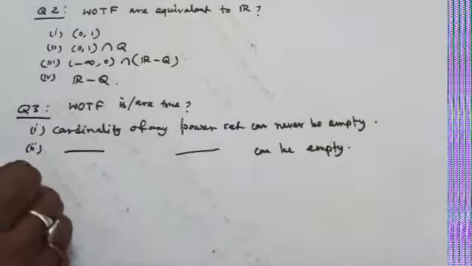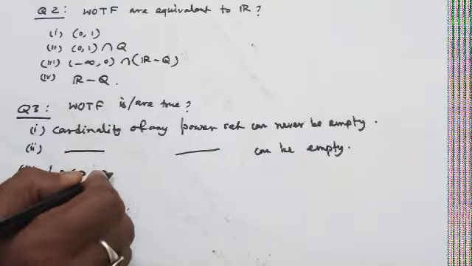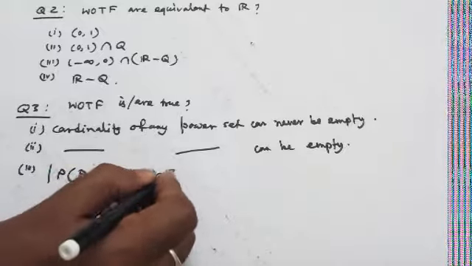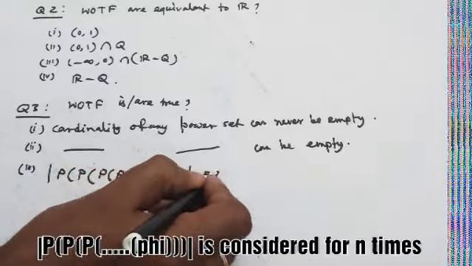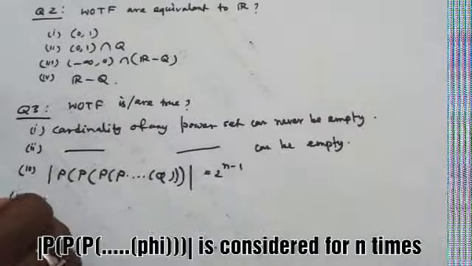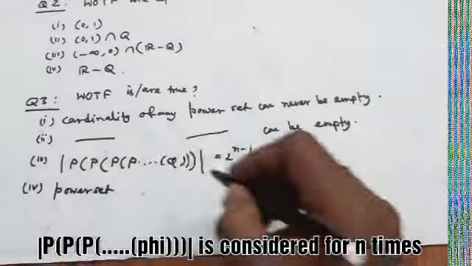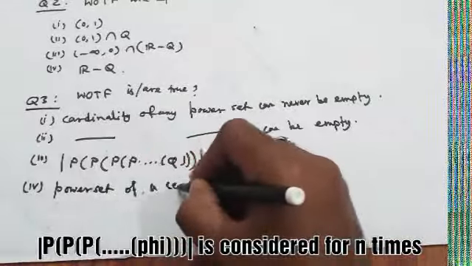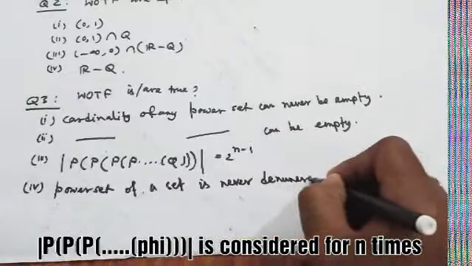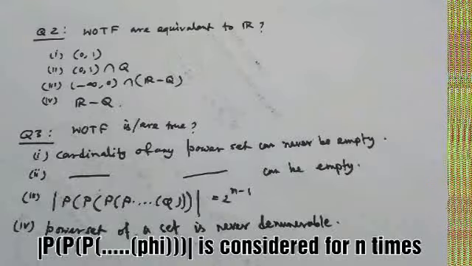Third one: P means power set, P of phi, close the bracket, and 2 to the power n minus 1. Fourth option: power set of a set is never denumerable. Okay, so this is also maybe an MSQ type of question.